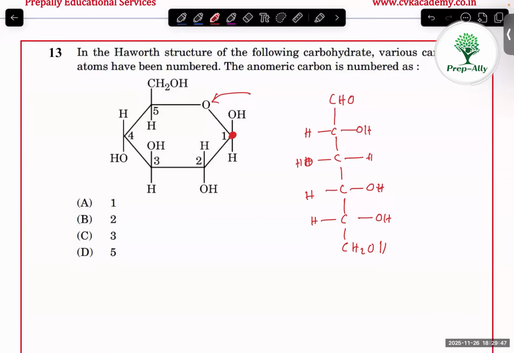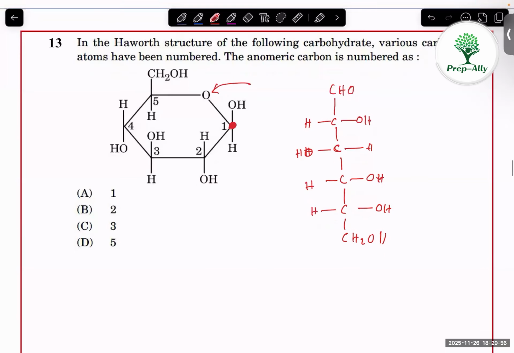Now, if you look at the structure of glucose, except for the third carbon, all the other carbons have a similar structure. The fifth carbon attacks here, and you get this closed structure. This is the first carbon. Depending on this first carbon's OH and H orientation, we get alpha as well as beta.